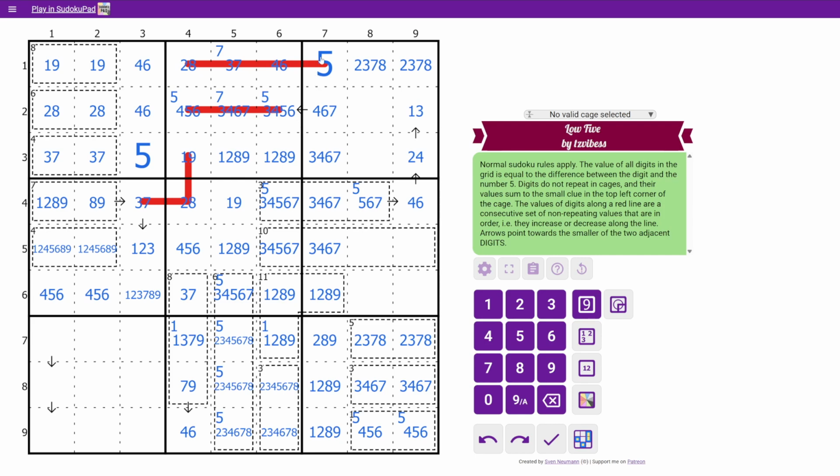These have to be in order too, remember? Does that... This was 4. This would be 3. So this cannot be 4. This was 2.